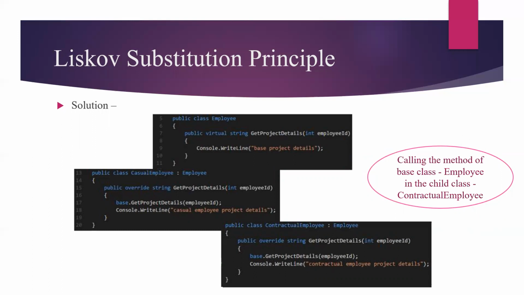Now this will serve us a purpose where we can perform the same operation of calling GetProjectDetails from inside our child class, the ContractualEmployee class, instead of directly creating the object of the Employee class and then calling that particular method. So this solves a purpose, and this is in accordance with the Liskov substitution principle.